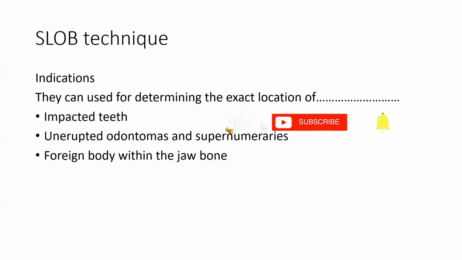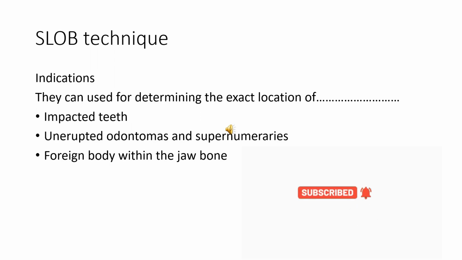Now the question arises, where do we actually use this technique? We have got three indications here: impacted teeth, to determine the location of an impacted tooth, odontomas, supernumeraries, and foreign bodies within the jaw. But I feel the most common use of this technique would be when you are in your clinical posting and you are doing an endodontic case.